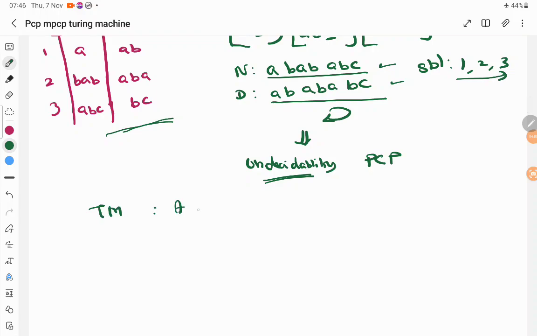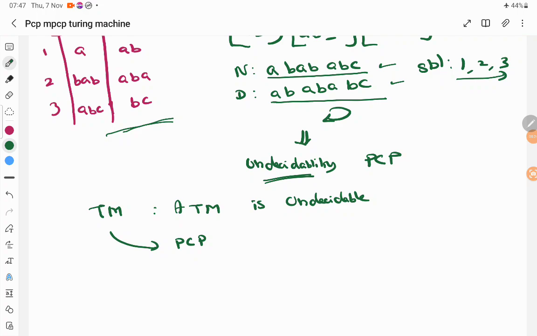Since we already know that the acceptance of a Turing machine is undecidable, we are going to convert this Turing machine problem to PCP and prove that if a Turing machine can be simulated using a PCP problem, and the Turing machine is undecidable, then PCP is also undecidable. That is how we are relating the Turing machine to this PCP problem.